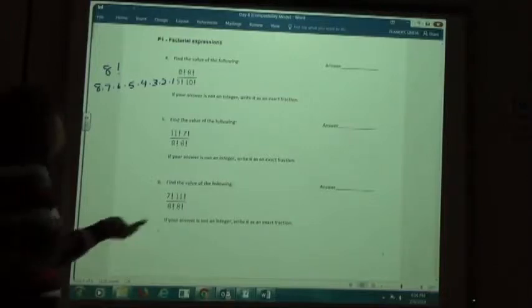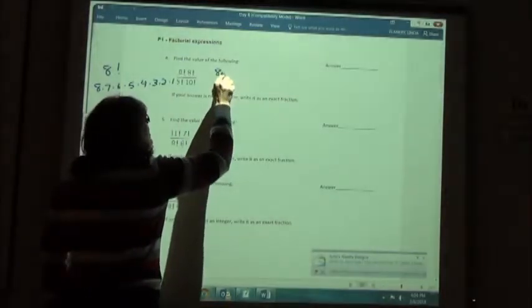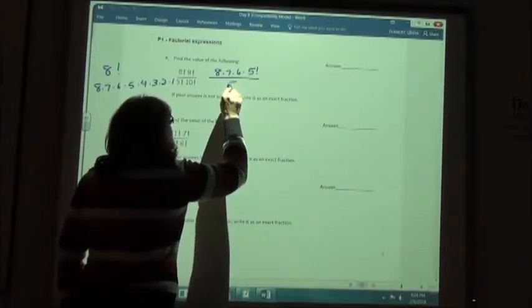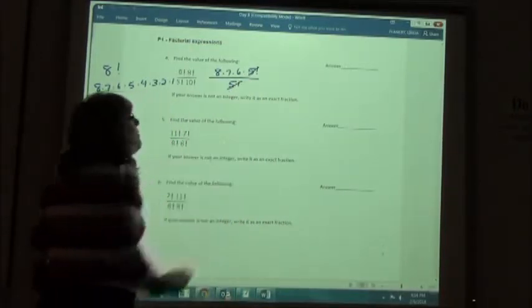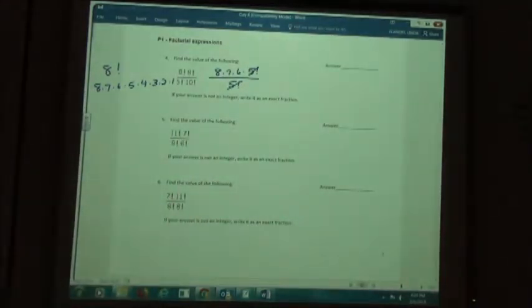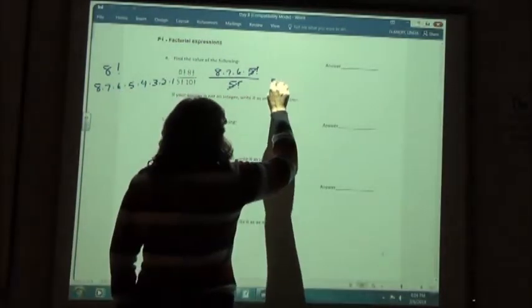If I think about 8 factorial divided by 5 factorial, 8 factorial would be 8 times 7 times 6 times 5 factorial, right? The 5 factorials could cancel each other out there. If I have it the other way around, I have 8 over 10. The 10 is bigger.